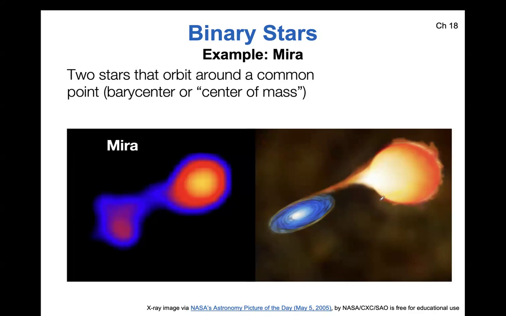And what ends up happening with these binary star systems is sometimes these very dramatic and interesting relationships. In this case, the star is named Mira.